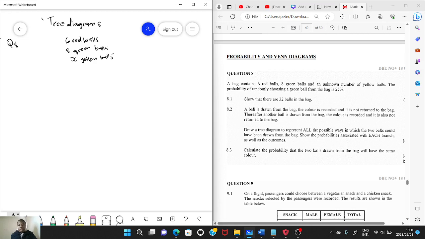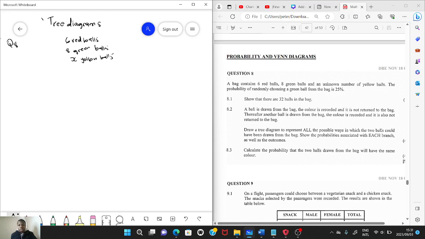So 25% of the balls in the bag is equivalent to the number of green balls, which is 8.